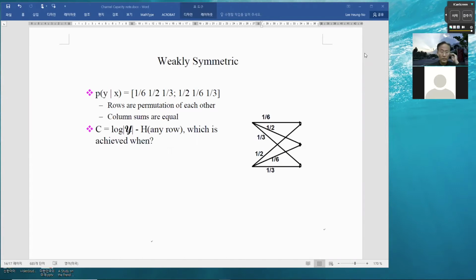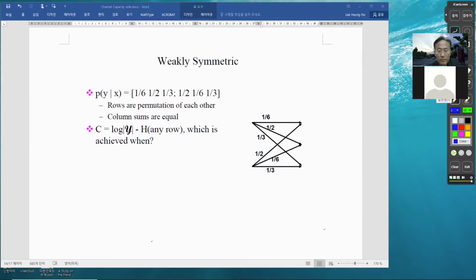This video is about the capacity of a weakly symmetric channel. In this particular example, we have 2 inputs and 3 outputs, for example 0, 1 and 0, 1, 2, and the matrix looks like this: 1/2, 1/6, 1/3.